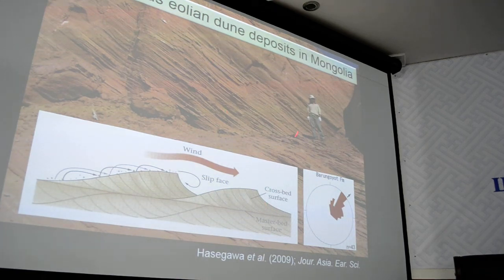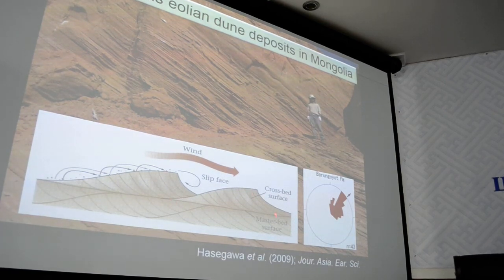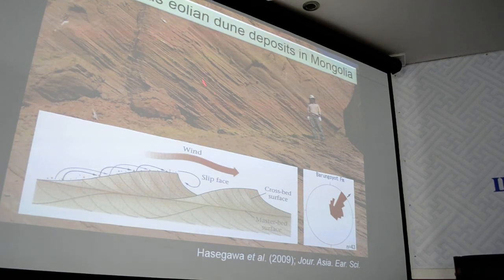If we can see this kind of structure, we can easily identify that this was previously a desert condition. And because Aeolian dunes form this large-scale cross-bedding structure, we can reconstruct past wind direction. From this outcrop, the Ukhaa Tolgod locality consistently experienced a northeastward wind direction.